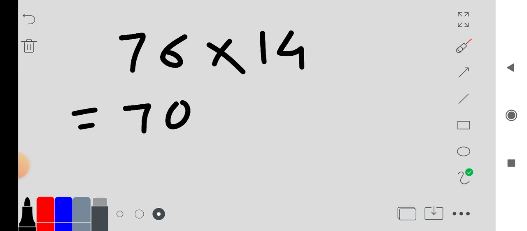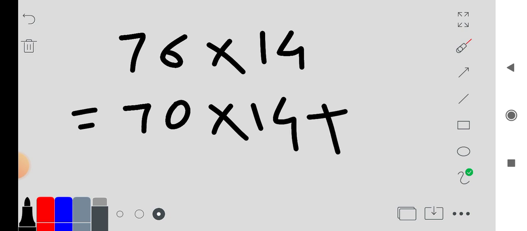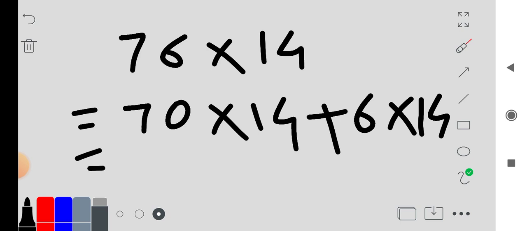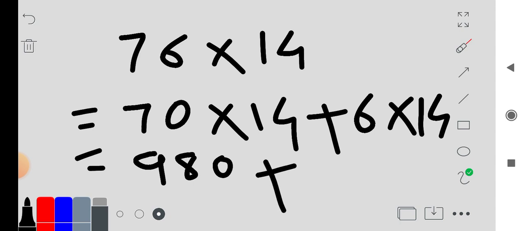So we can multiply 70 by 14 easily, and then multiply 6 by 14. So 7 by 14 is nothing but 98. So here it is 980. Plus 6 into 14 is nothing but 84. So this is nothing but 1064, friends.